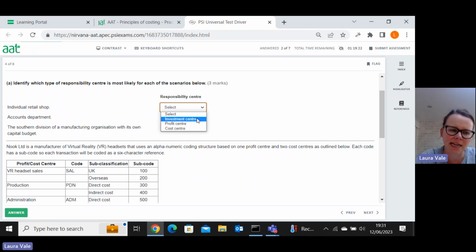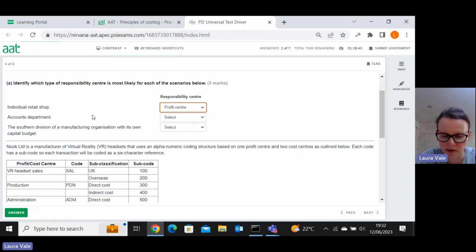If it's an individual retail shop, no one other than the owner of the business is going to have overall responsibility. It's not one of many. If it was a branch of a retail shop, say John Lewis or Next or something, then I would be going for investment centre. But because it's an individual retail shop, the responsibility will be with the profits. So a profit centre is probably the best answer.